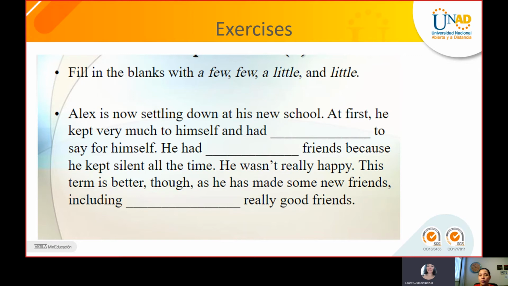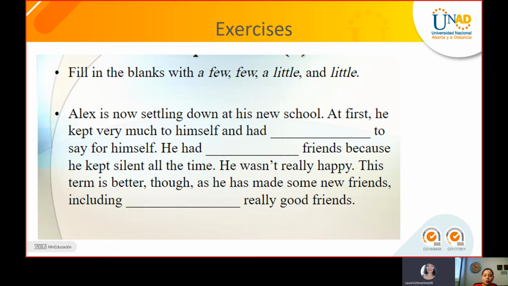Yeah, though means but. As he has made some new friends, including blank, really good friends.